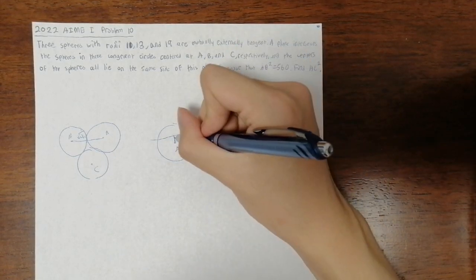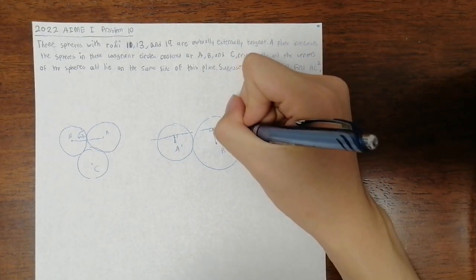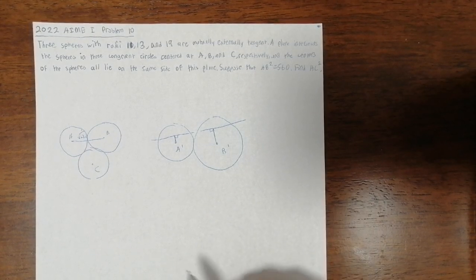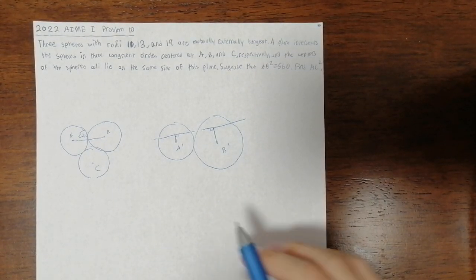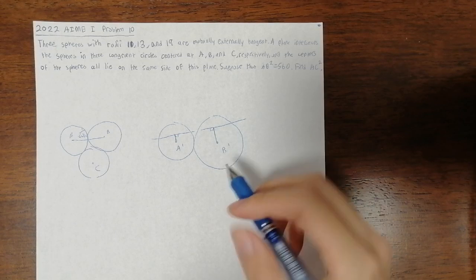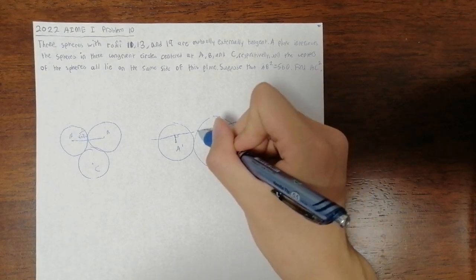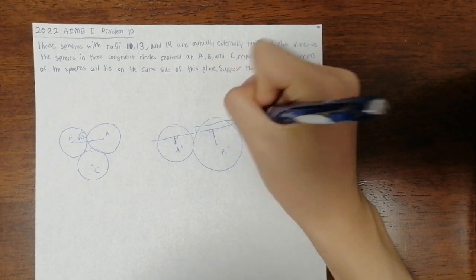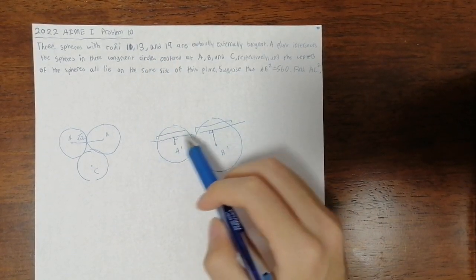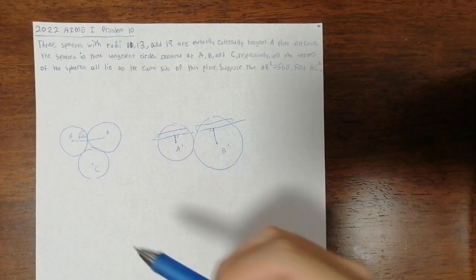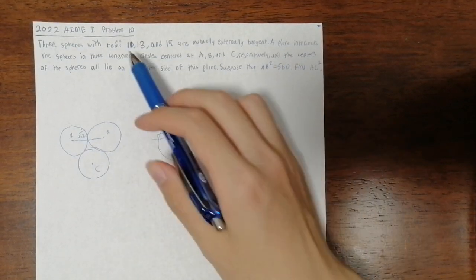We know that these are perpendicular because the radius is always perpendicular to any chord. And we know that this length here is equal to this length here, because this is the circle formed from the intersection of the plane with the sphere, and we're given that they're congruent.